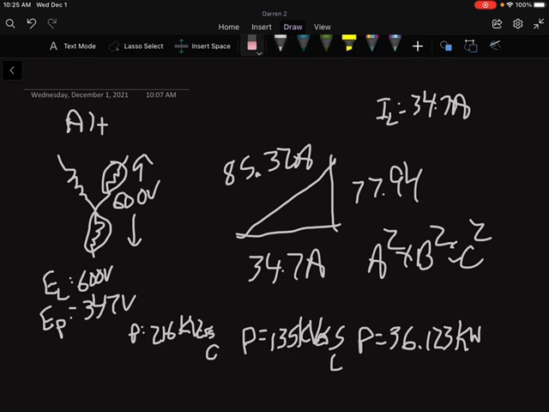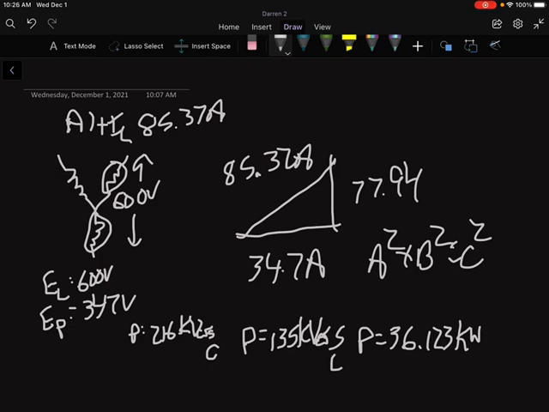Let's get rid of all that. So we now know that our line current over here is 85.37 amps. Good thing there's backspace. That's our I line. And because it's in Y, when we come down, our current per phase is going to be the same as per line.